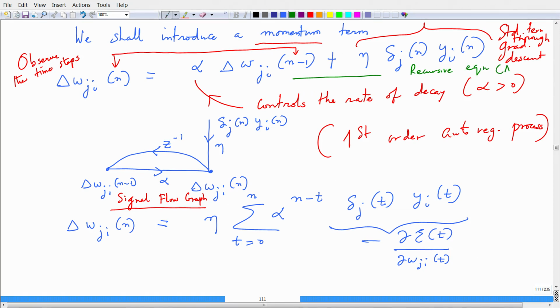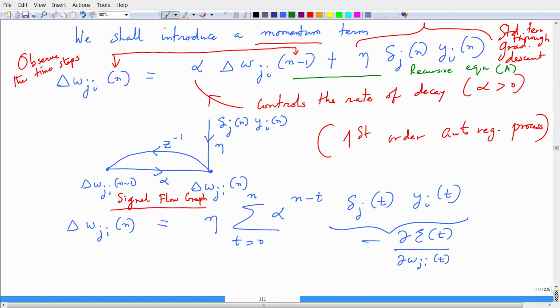Recursive equation, let me call it capital A. So, expand this recursive equation and I get this form here, which is eta times summation. I will introduce this variable t equals 0 to small n, alpha power n minus t, delta j of t times yi of t, right.